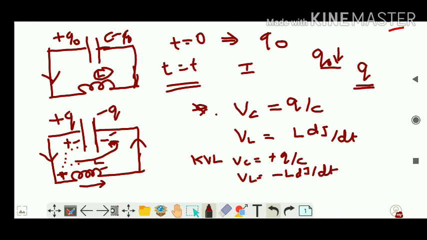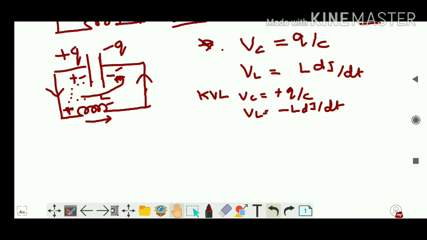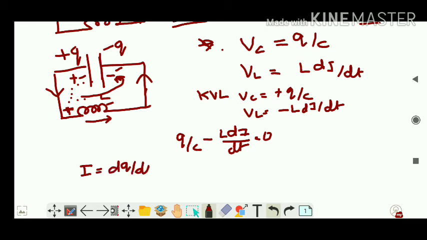Right, so how will I write the KVL now? I will write it as Q by C minus L di by dt is equal to 0, since the sum of voltage or potential across a loop is equal to 0. This is our KVL. Now we also know current is equal to dq by dt.